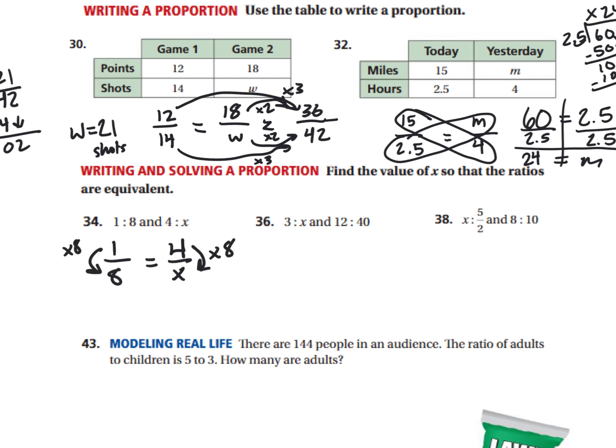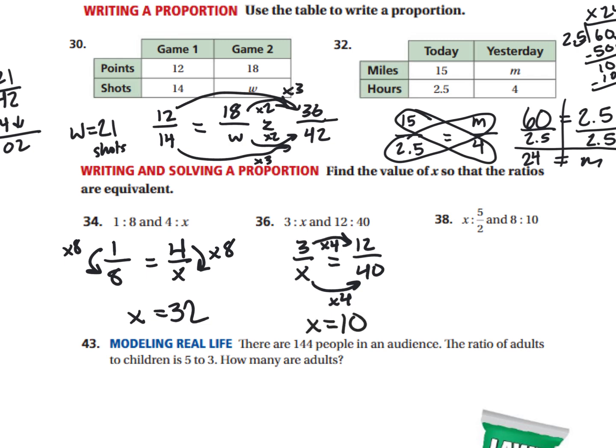So I'm going to do 4 times 8 is 32. Next one, I get 3 over x equaling 12 over 40. This one's nice because 3 times 4 is 12. So I'm going to look for numbers that multiply by 4 to get me to 40. Well, that's nice. 10 times 4 is 40.